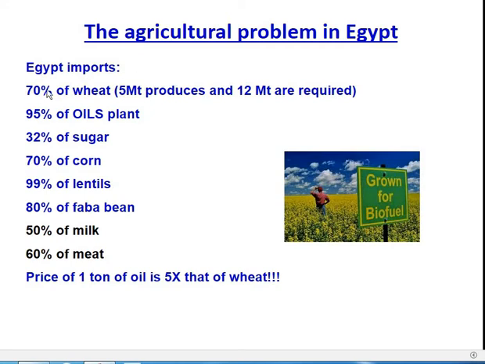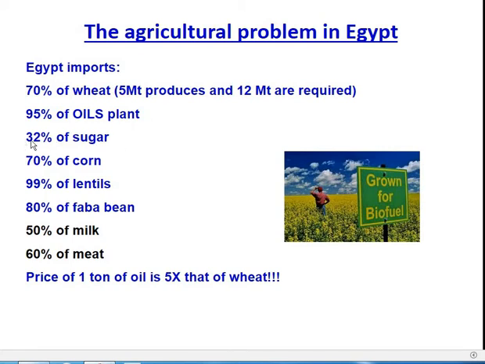The major point is that we import 70% of wheat. We produce about 5 million tons and we need 12 million tons. We also have a 95% shortage in oils. We import 95% of oil.